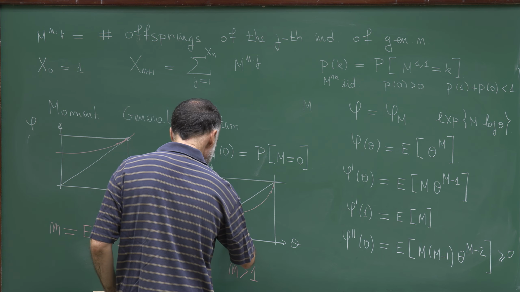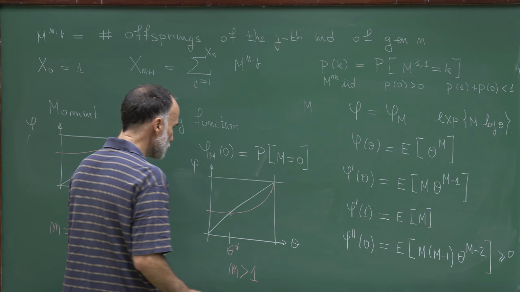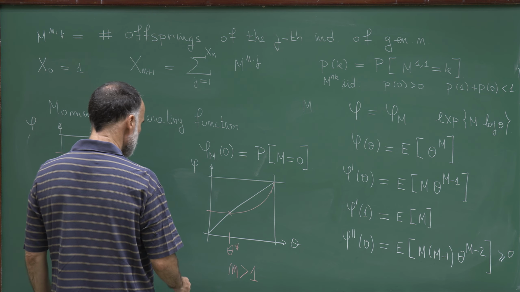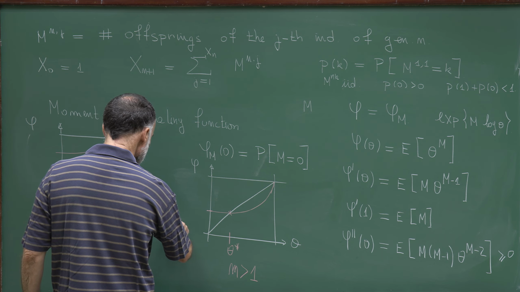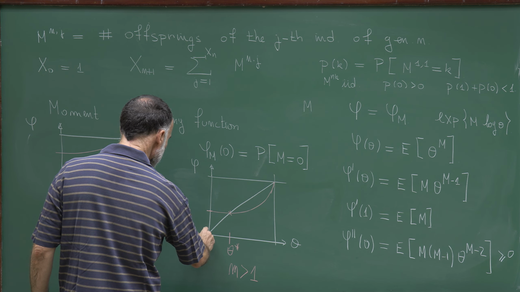So there is a point here, theta star, a unique point theta star in the case in which m is larger than 1, such that phi of theta star is equal to theta star.